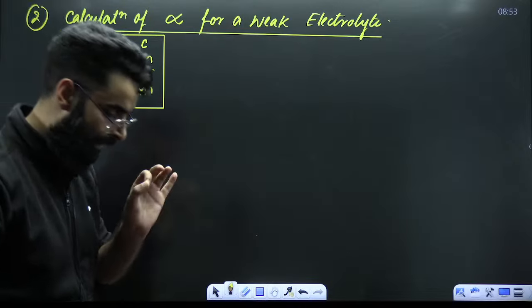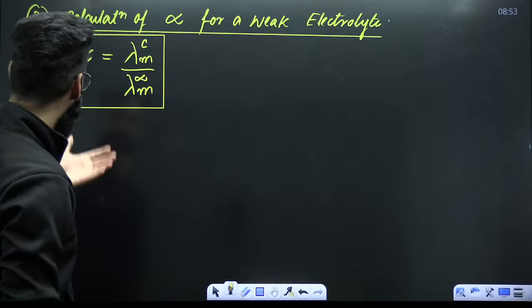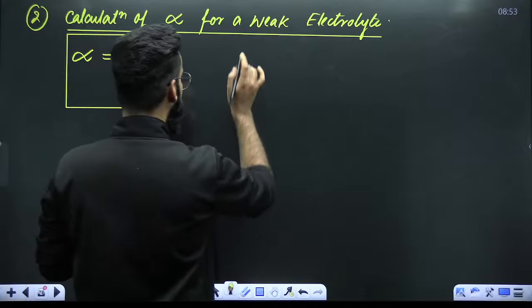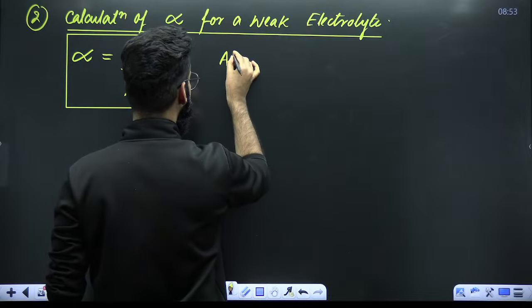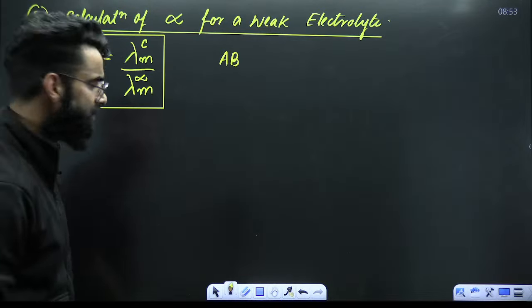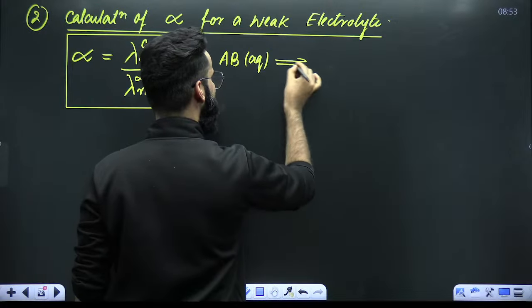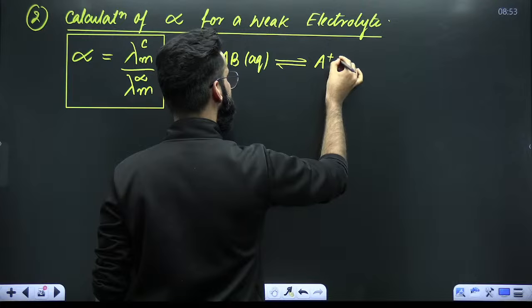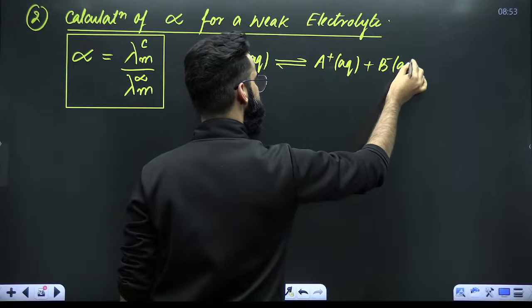That is the point. My dear students, this alpha has one more application. Say you have a weak electrolyte AB. If it is a weak electrolyte, it will be in equilibrium with its ions: A positive aqueous plus B negative aqueous.